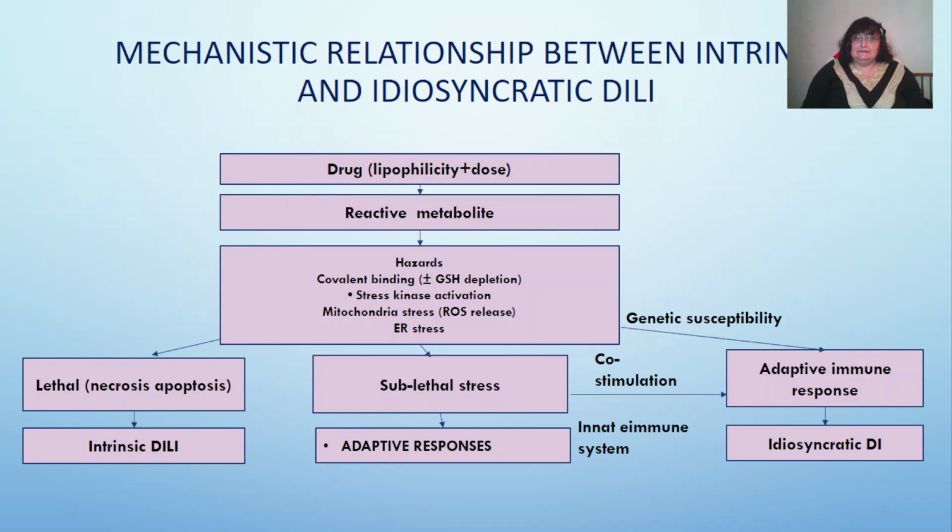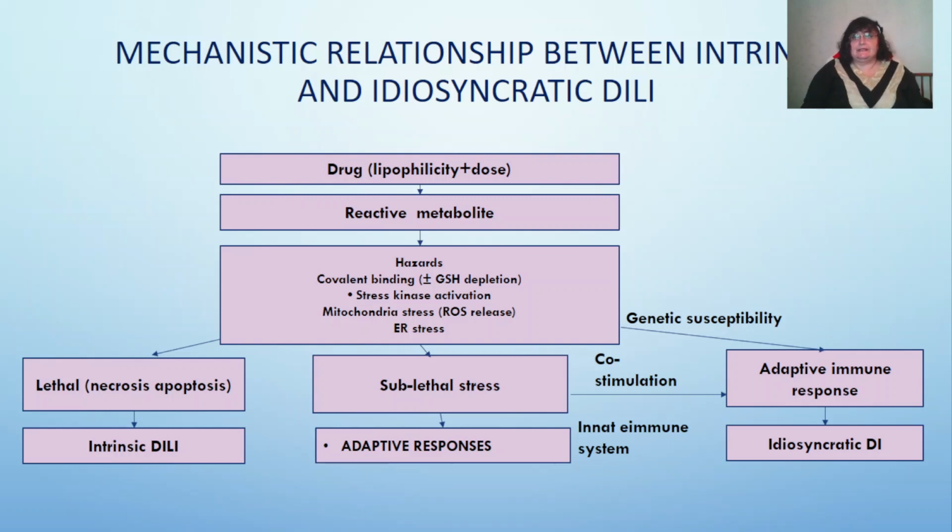It can lead to intrinsic drug-induced liver injury. And you should remember there is a relationship between intrinsic DILI, as you see, and idiosyncratic DILI, plus hazards, as you see, at the level of mitochondria.